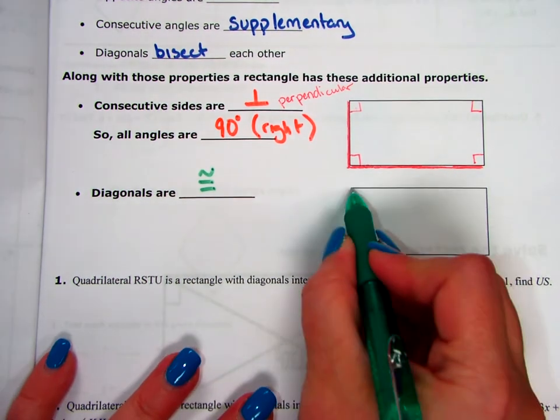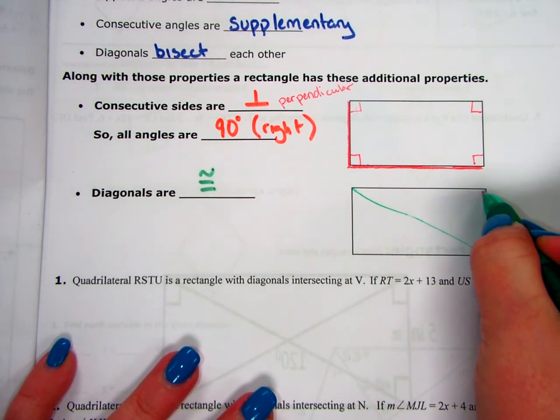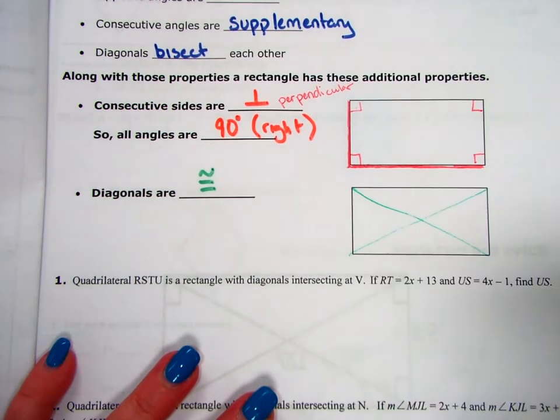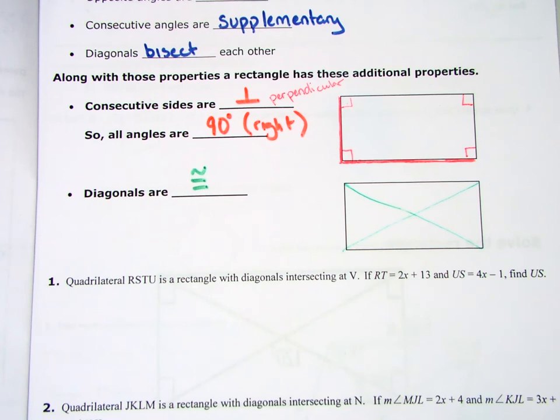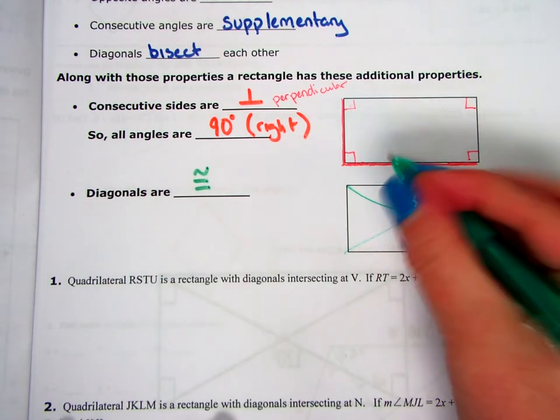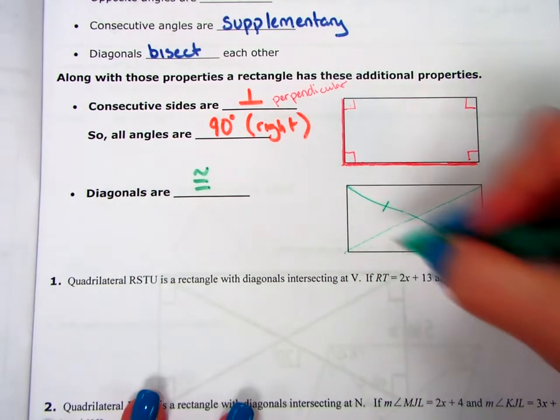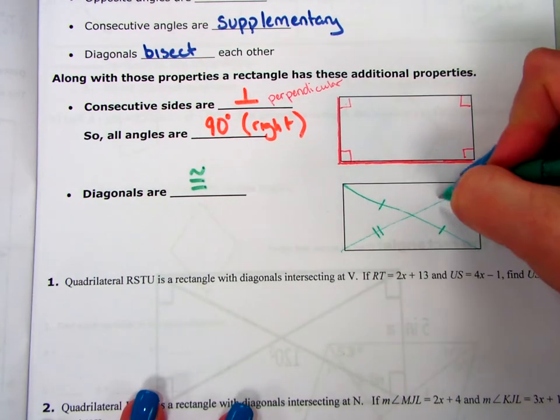Okay, so if I draw in my two diagonals, pretend that's a straight segment, I know that those two diagonals are bisected, which means I know that however long this one is, this one's the same length, and then however long this piece is, this one was the same.